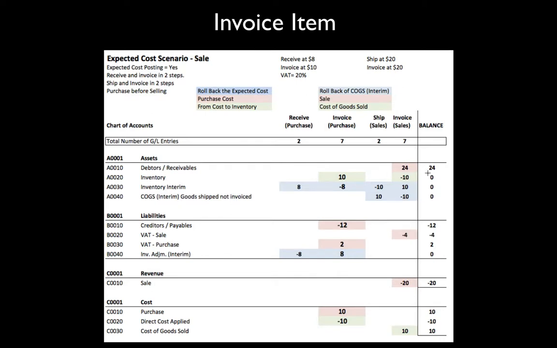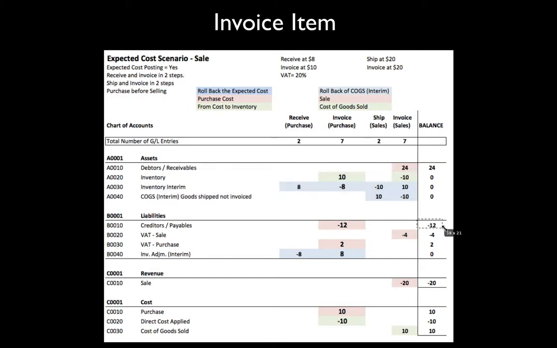So in conclusion, the net effect of this entire case, the purchase receiving, the purchase invoicing, the sales shipping, and the sales invoicing, can be seen in this balance here. Right now we expect to receive $24 from our customer.